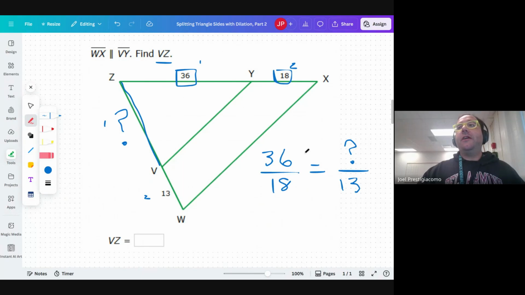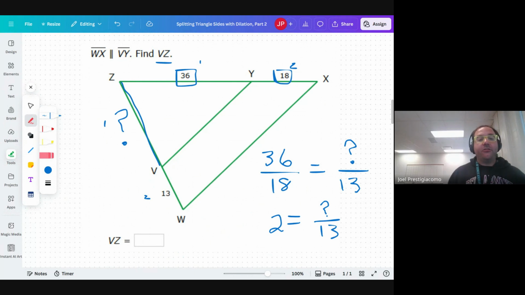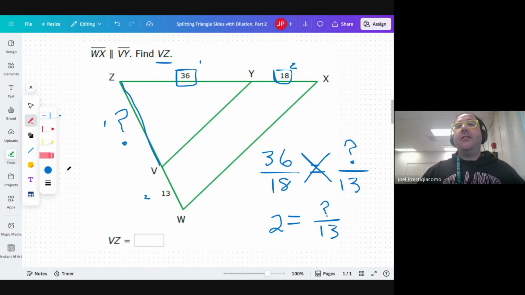So now what we're trying to do is figure out what value this question mark would have to be. And again, there's a couple of different solutions here. But if you notice, 36 divided by 18 is the same thing as 2. This makes this problem a lot easier than going through the cross multiplication. If you need to do cross multiplication, that is fine also, but not necessary here as the numbers are convenient.